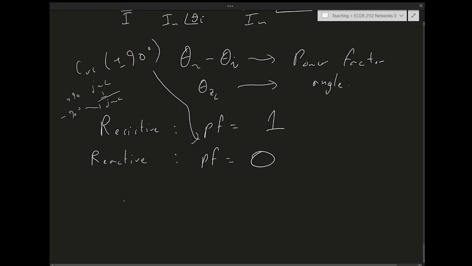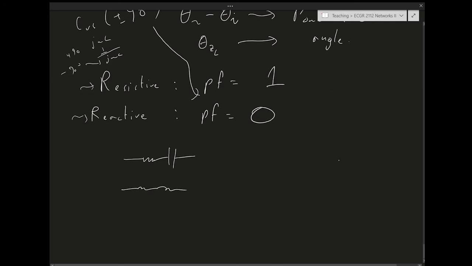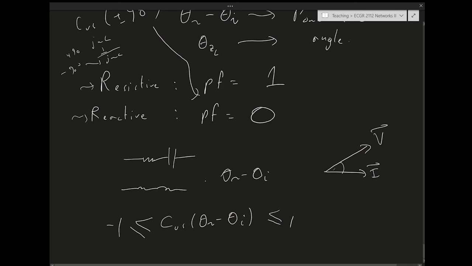What happens if we have a mixed element? An element that has resistors and capacitors, or resistors and inductors. It has a mix of resistance and reactance. In that case, if I draw the phasor diagram, the current is always going to be either lagging or leading, right? So cosine of theta V minus theta I will be between minus 1 and 1, because theta V minus theta I, depending on the exact load, will be between minus 90 degrees and 90 degrees.